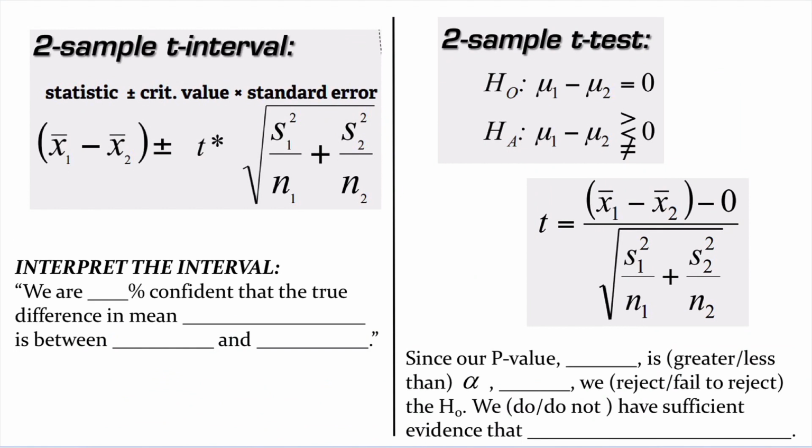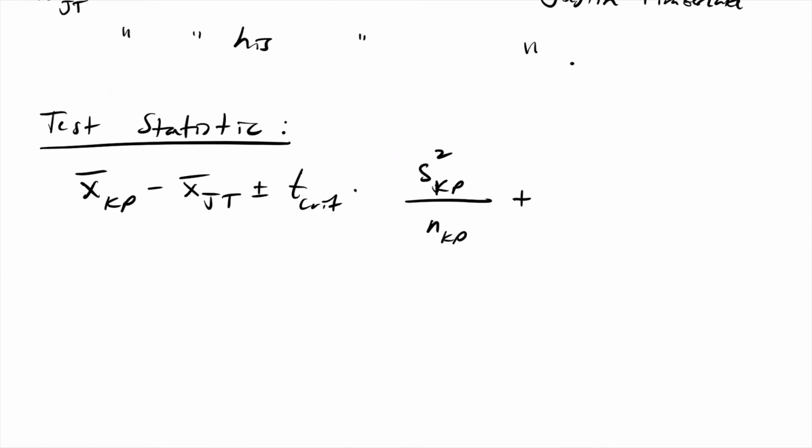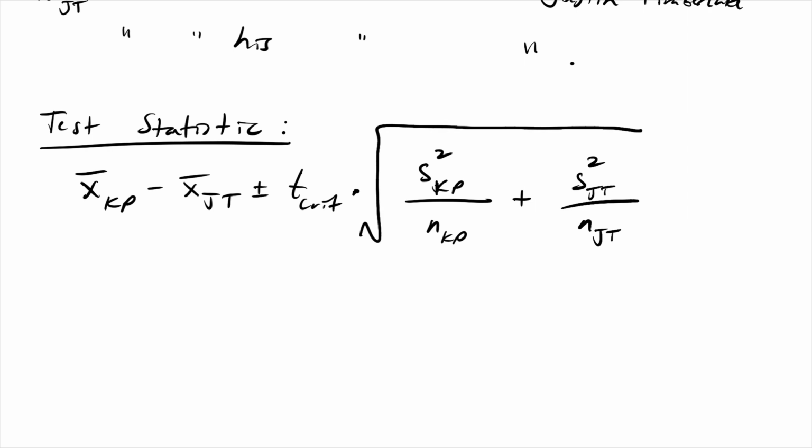Yeah, square root. So it's S1 squared over N1 plus S2 squared over N2. S squared for Justin Timberlake over N of Justin Timberlake, all under the square root.